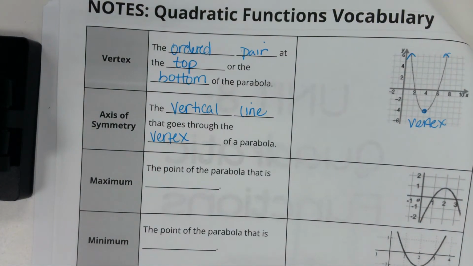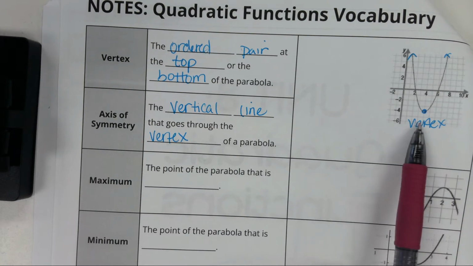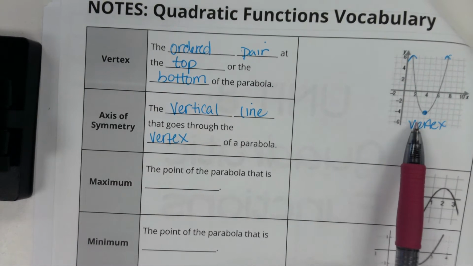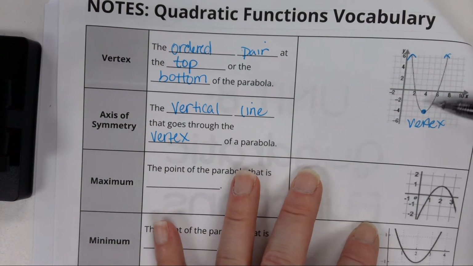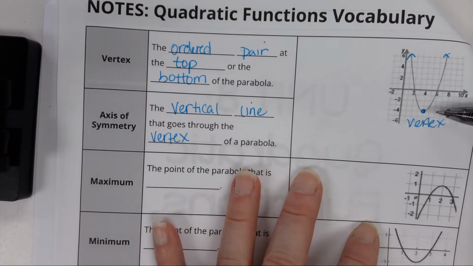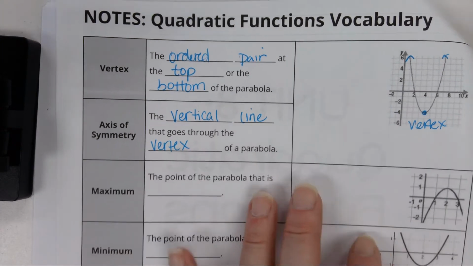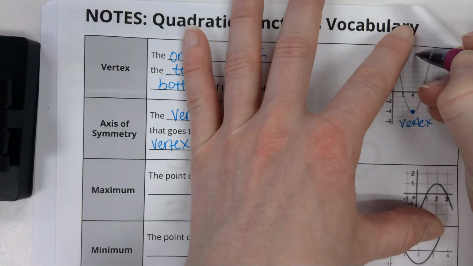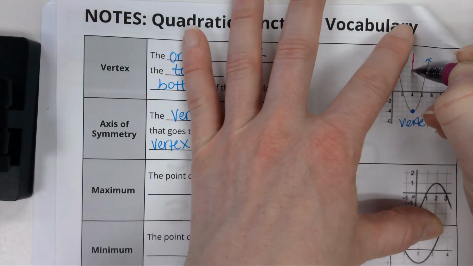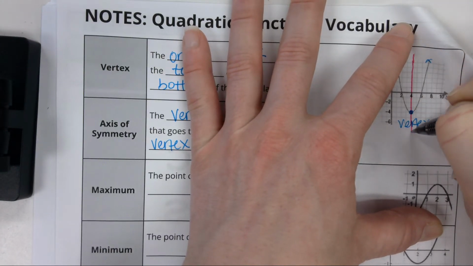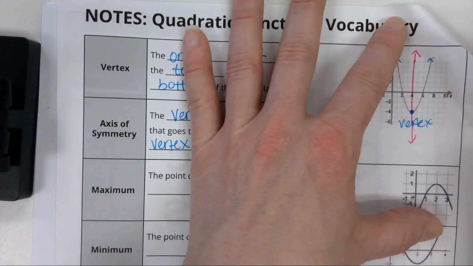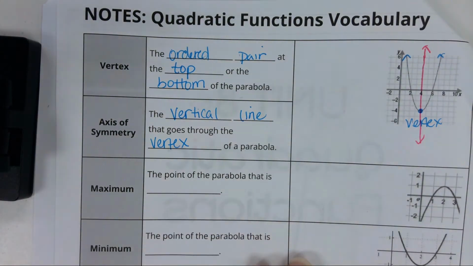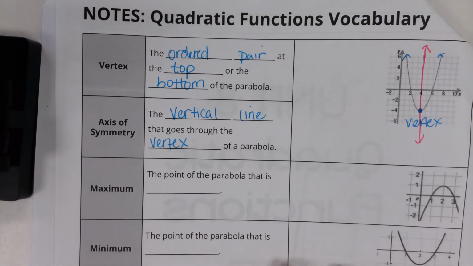So, if you would, please, let's take this parabola up here. The coordinates of it are 4, -4, looks like. And let's go ahead and draw a vertical line through that vertex. Okay, that's called the axis of symmetry.